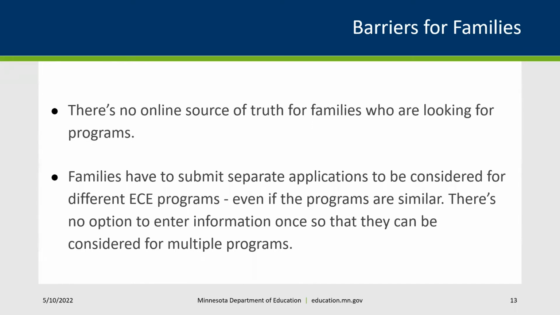And then in addition, we heard a lot about the separate applications to be considered for different programs, even though they're similar. So the duplication and having to fill out multiple applications when they want to access early learning, early care and education services for their children. Next slide.